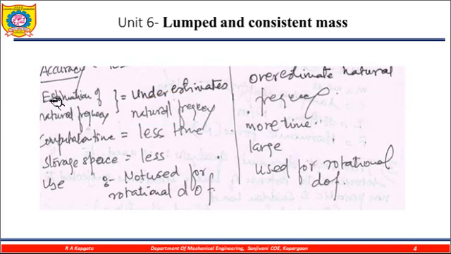So the estimation of natural frequency in a lumped mass is underestimated, while in a consistent mass it is overestimated.